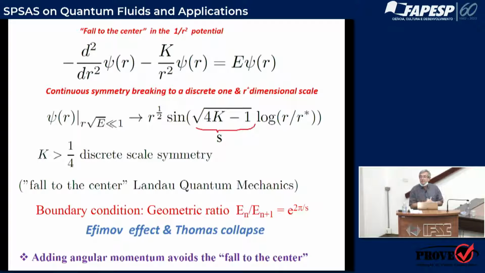People at that time didn't know that the nucleon-nucleon interaction had some range; they thought it could be of contact. And then Thomas proved that if so, the helium-3 or the triton would have a binding energy of minus infinity. And this is the Thomas collapse that, if you treat it according to Efimov, is the fall to the center. It's exactly the same physics.